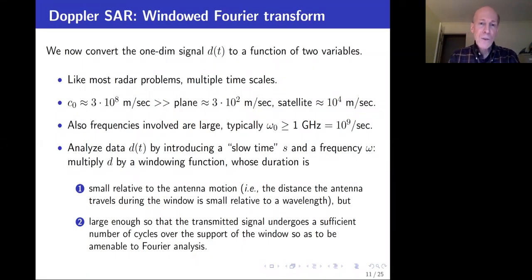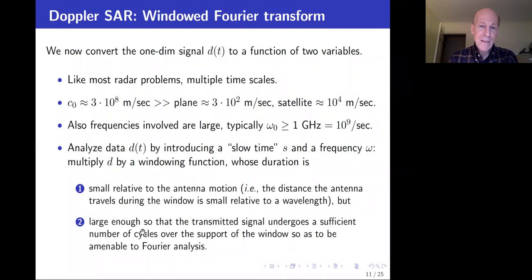So we are going to multiply d of t by a windowing function, right? For each value of s, we're going to look at t's that are quite close to s. And the duration of this windowing function is going to be small relative to the antenna motion. In other words, the two antennas are co-located, the transmitter and the receiver, and the distance that they travel during the window is small relative to the wavelength of the wave.